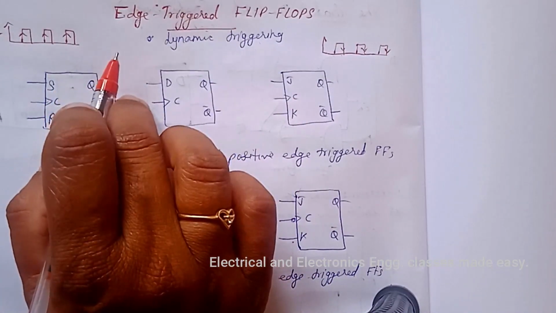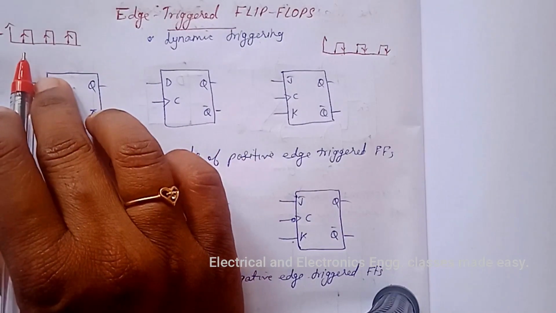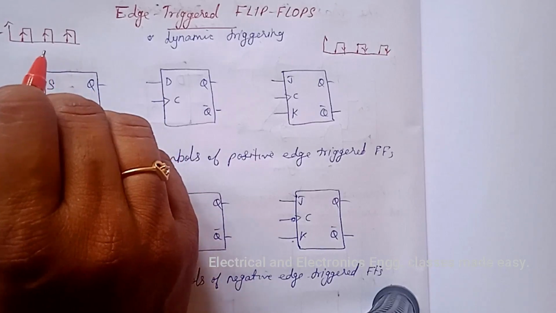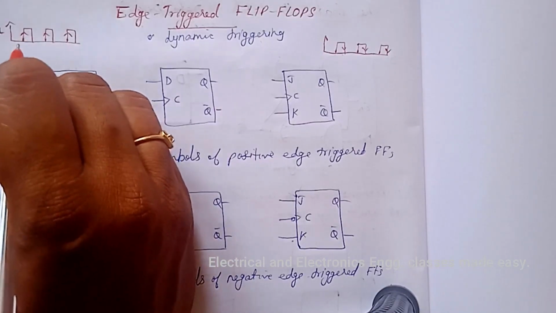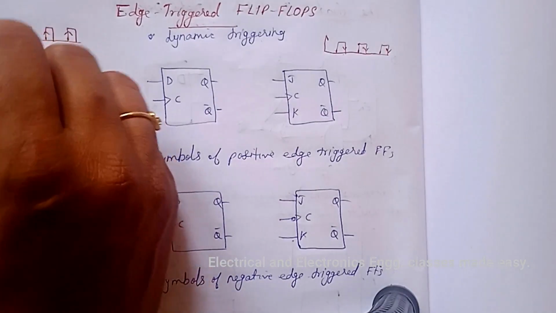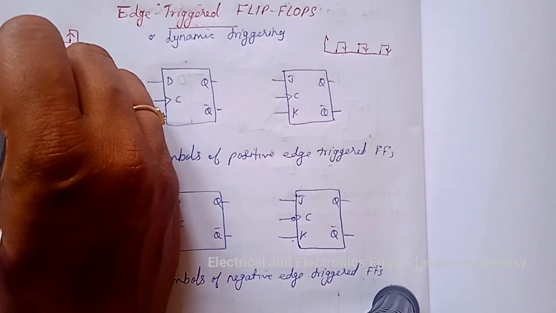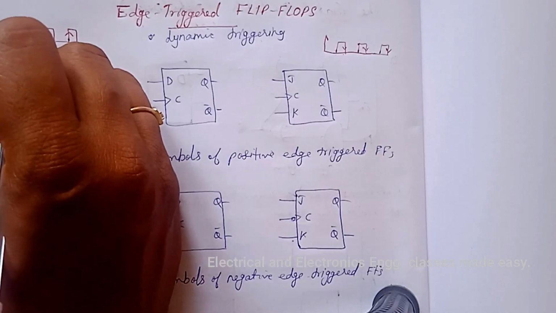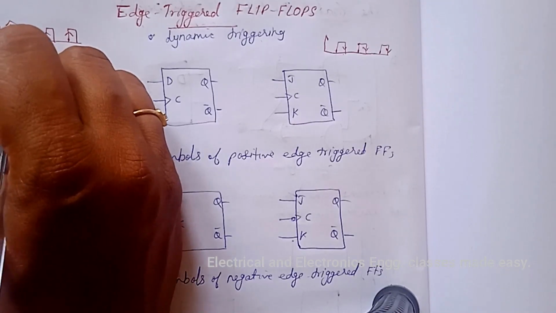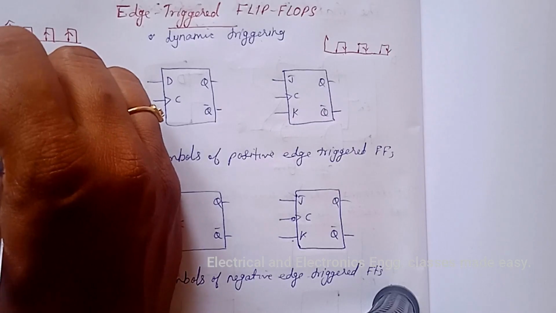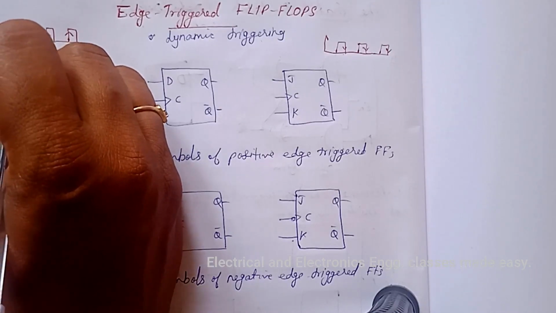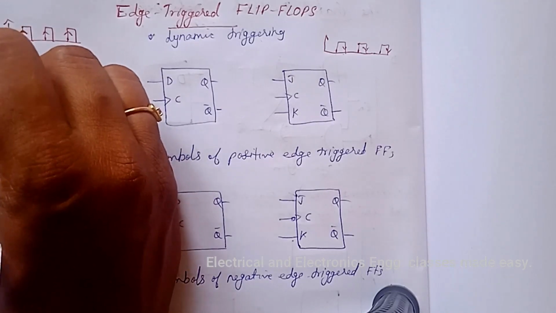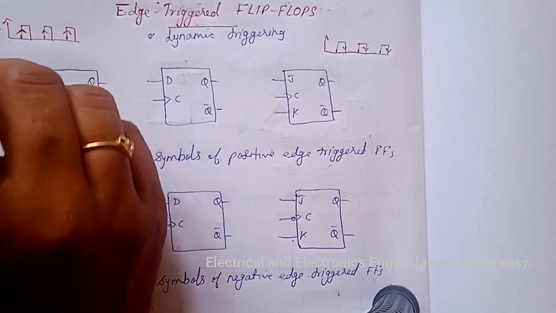Positive edge triggered flip flops are those in which state transitions take place only at the positive going, that is, positive going means 0 to 1 or low to high state. So here, at the positive going edge of the clock pulse, the state transition takes place.